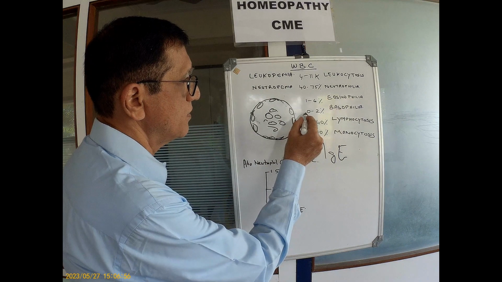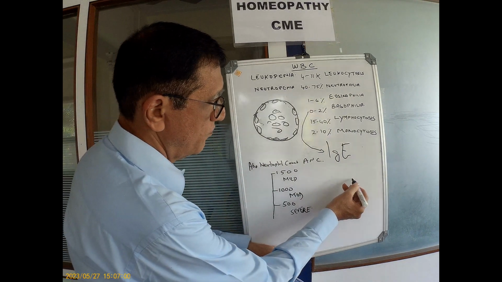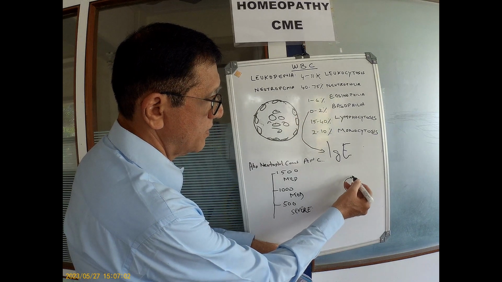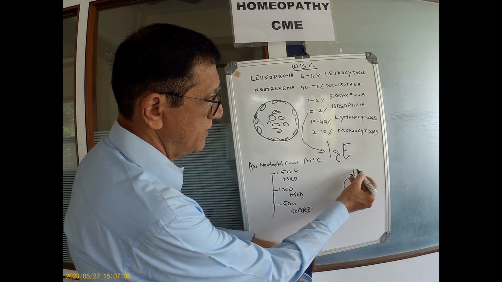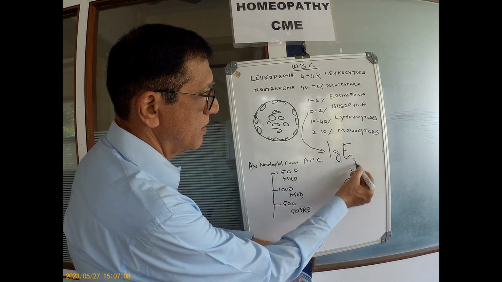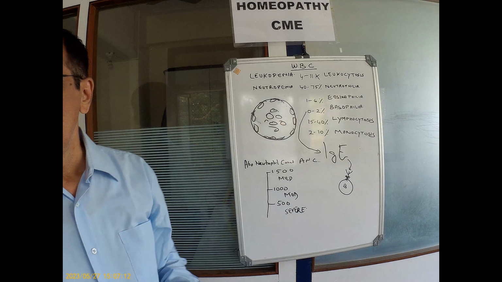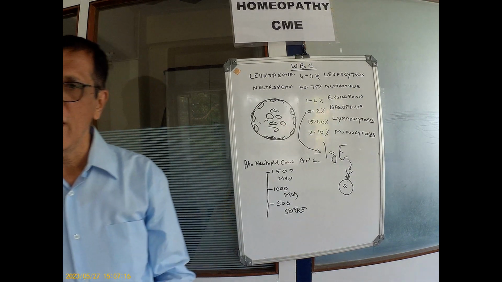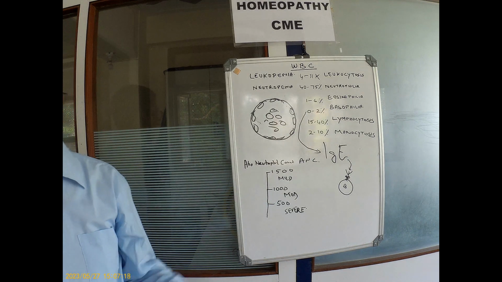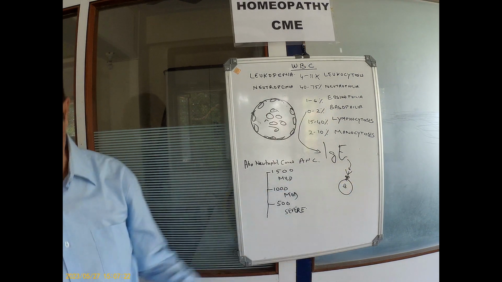So they have a receptor on which this IgE gets attached, and this is the basophil. And since IgE, as you know, is associated with allergy and hypersensitivity, this is where IgE comes into play.